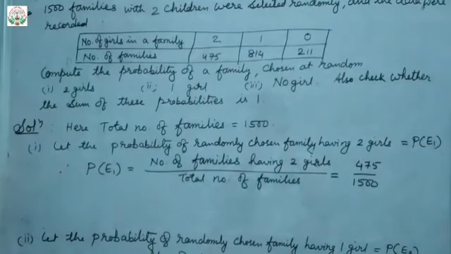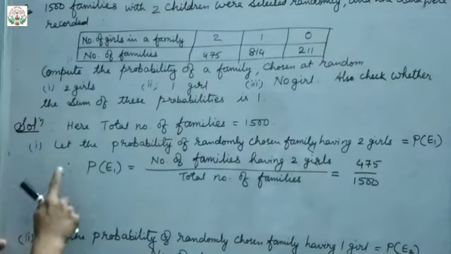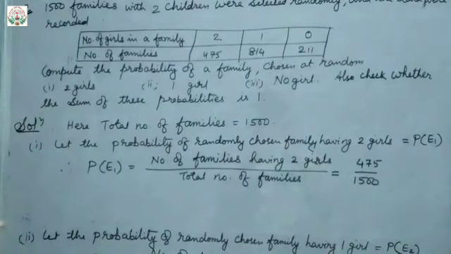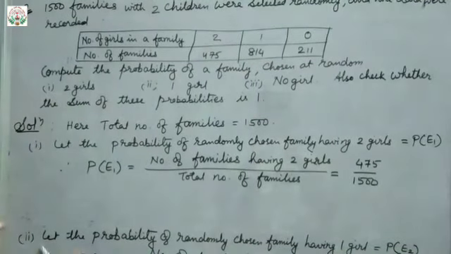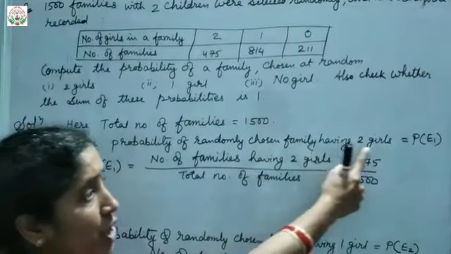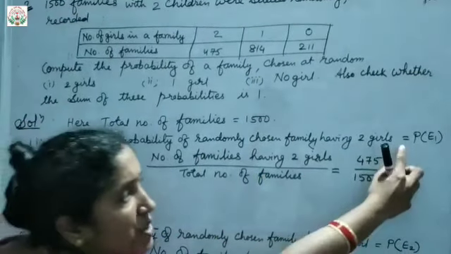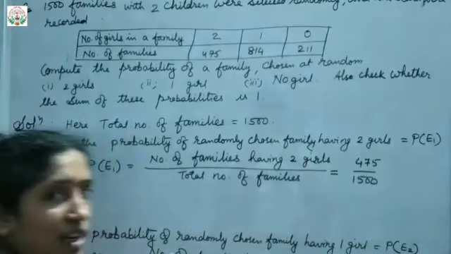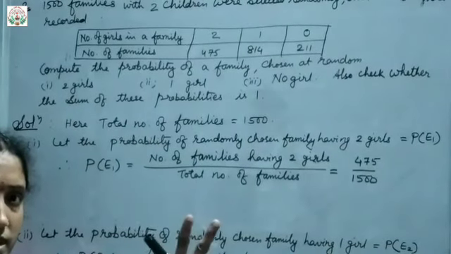Now the first question is 2 girls. Let the probability of a randomly chosen family having 2 girls be represented as probability of E1. E1 means 2 girl children in a family.